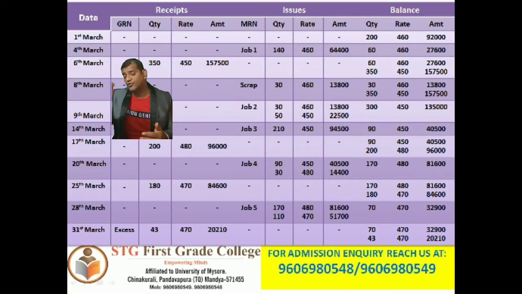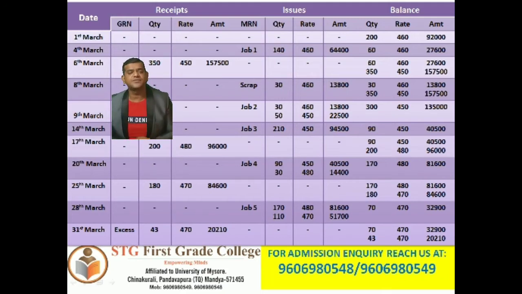So now out of that 60 tons I have issued as scrap 30 tons. So left out is 30 tons in the balance quantity at 460, that comes to 13,800, and 350 tons at 450 rupees, so that comes to 1,57,500 rupees.